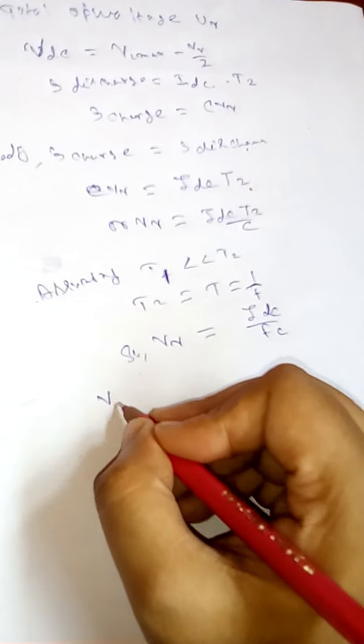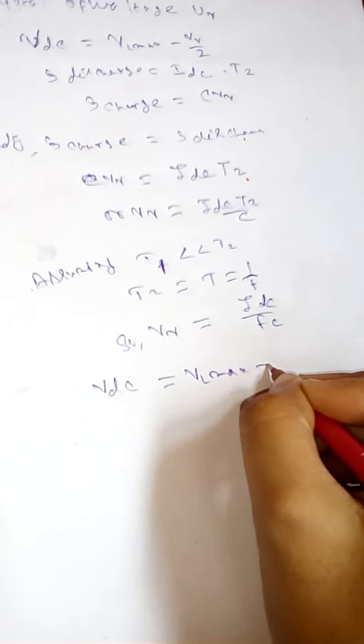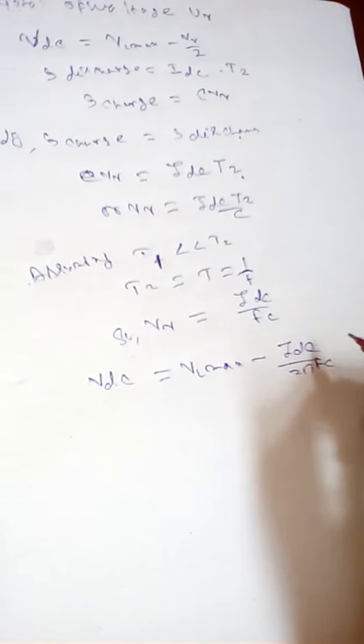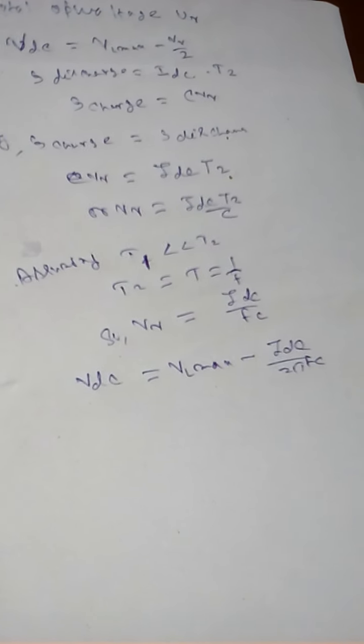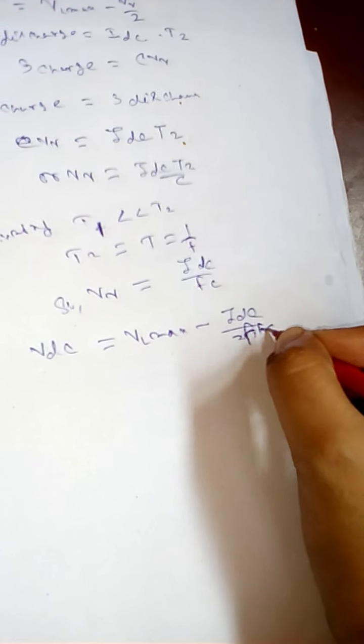So from here VDC equals VL max minus IDC by twice FC.